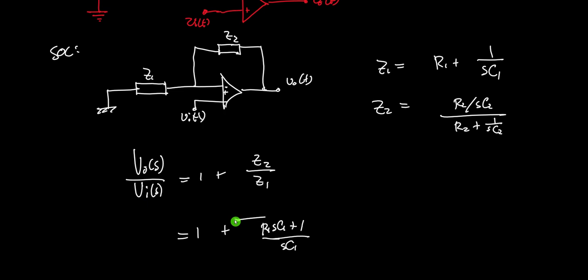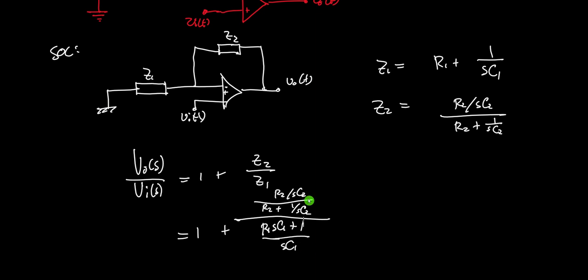So this is all over Z2, which is R2 over S C2 all over R2 plus 1 over S C2.